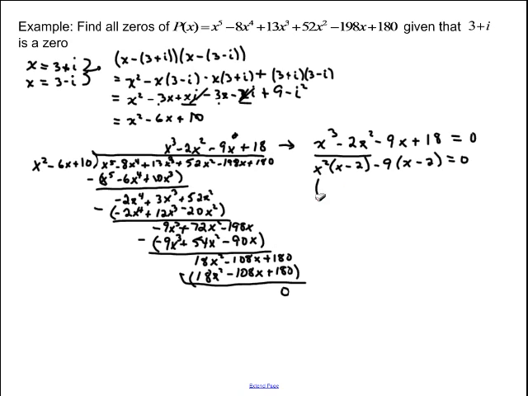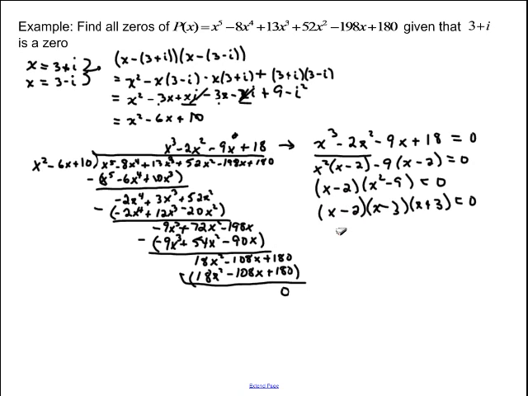So this becomes the quantity x minus 2 times x squared minus 9. And we know where that one leads. x squared minus 9 is equal to 0 at x minus 3 times x plus 3, where that equals 0, right? And we've got x minus 2 out here still.